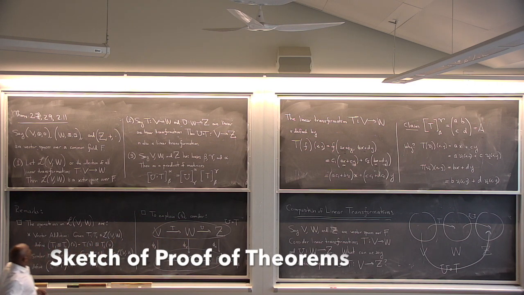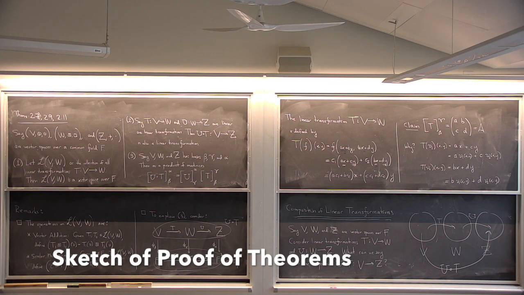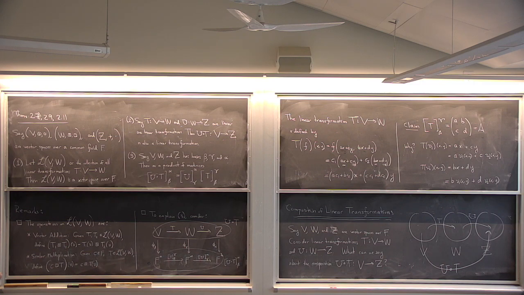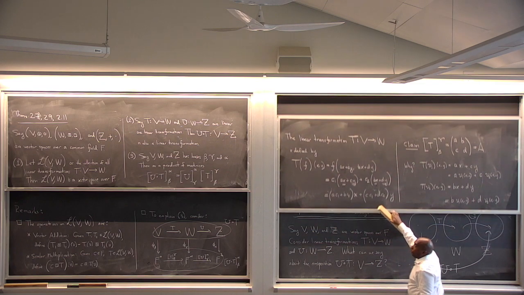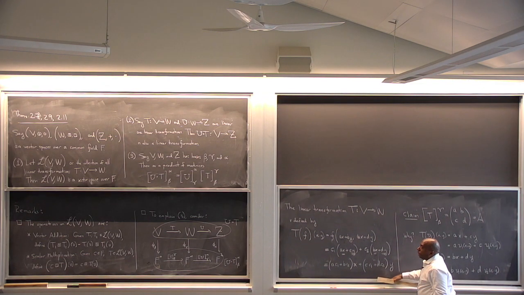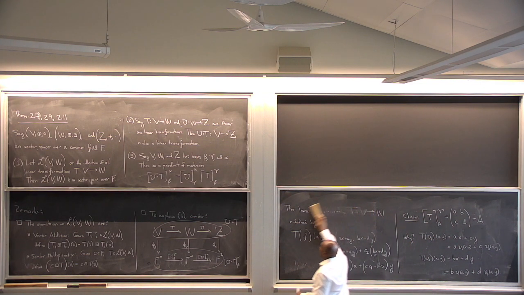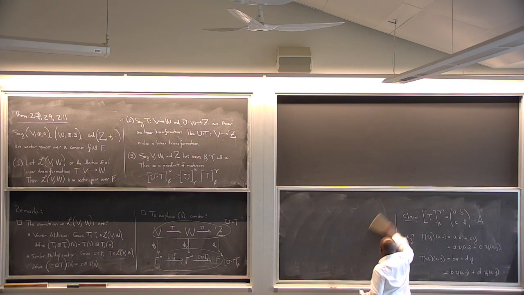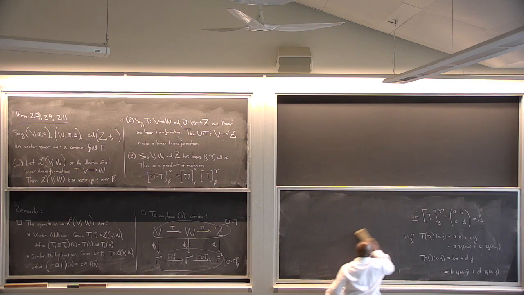Okay, I'm going to leave the proof of the first one as an exercise because that's just a matter of working through the 8 different axioms of what it means to be a vector space. Instead, I want to focus on the latter 2. So let's spend some time here discussing why the composition of 2 linear transformations is, once again, a linear transformation.